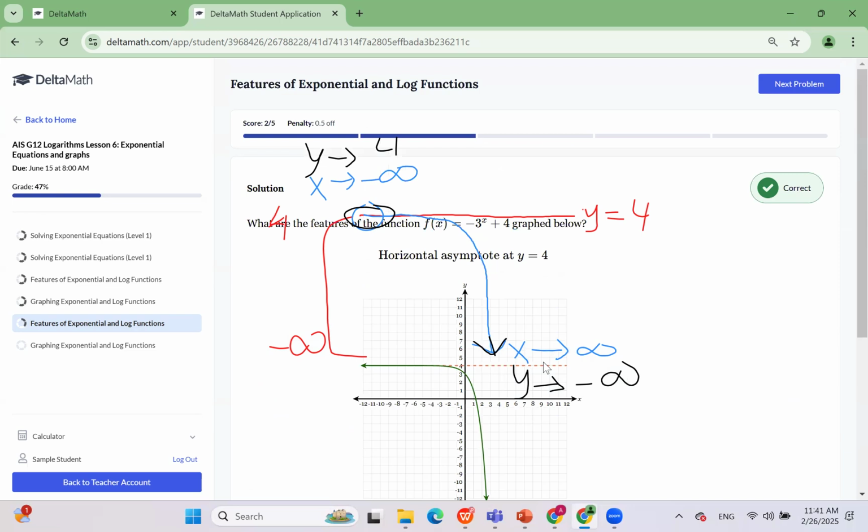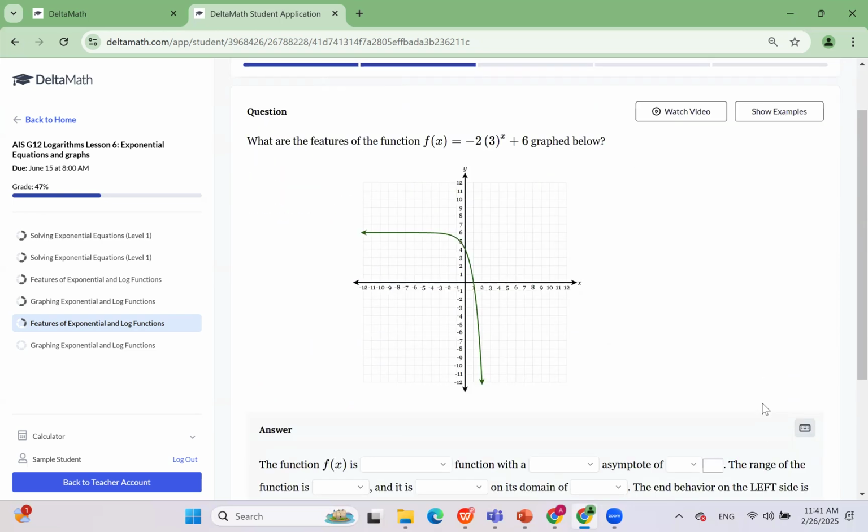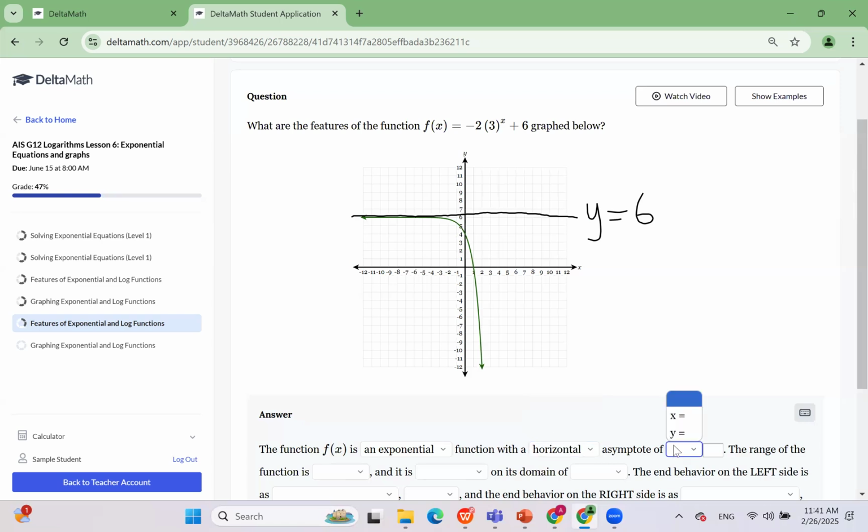Let's try a third example. So again, the function here is an exponential function, and the asymptote is a horizontal asymptote at y equals 6. So we have a horizontal asymptote of y equals 6.